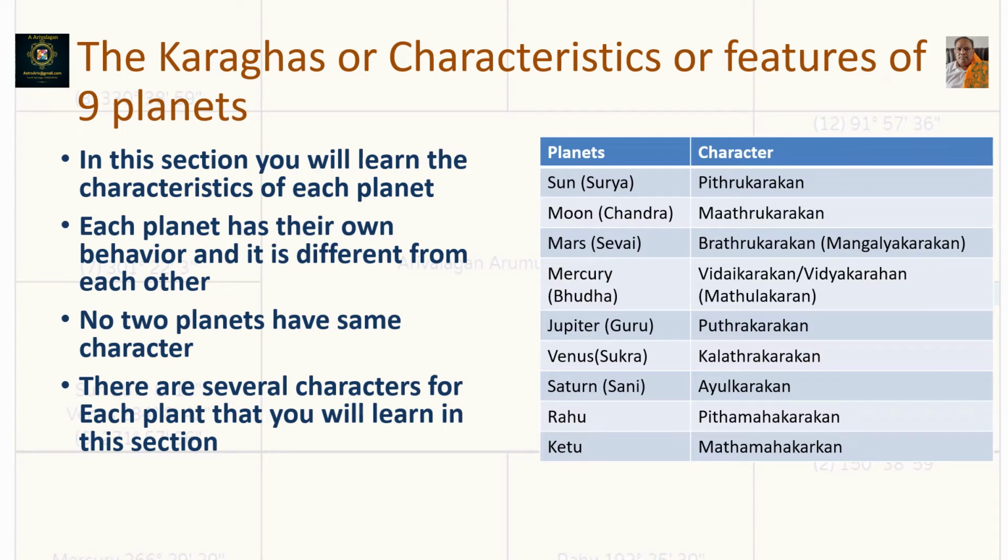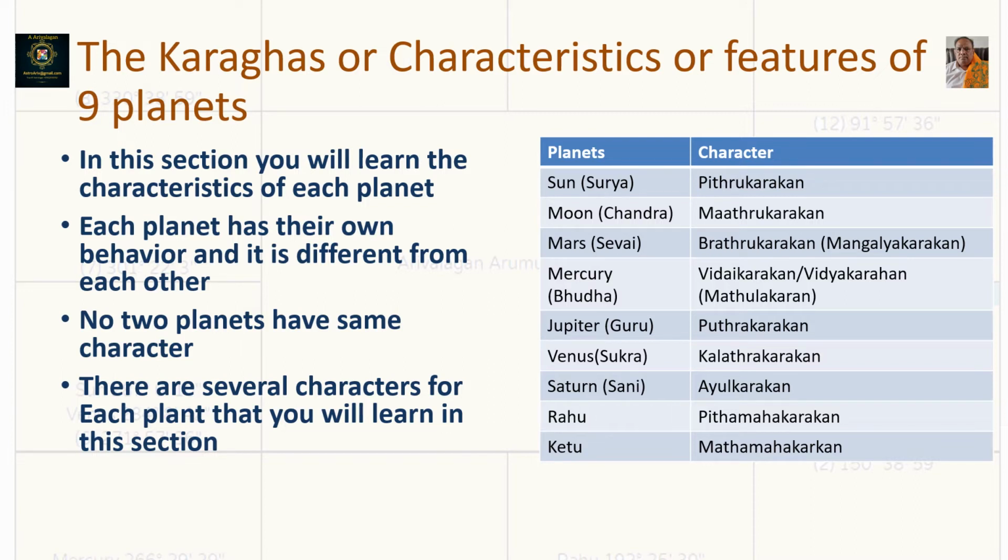For example, Sun is called Pitru Karaka, Moon is called Matru Karaka, Mars is called Bhratru Karaka or Mangalya Karaka in case of females, and Mercury is called Vidya Karaka or Matula Karaka.